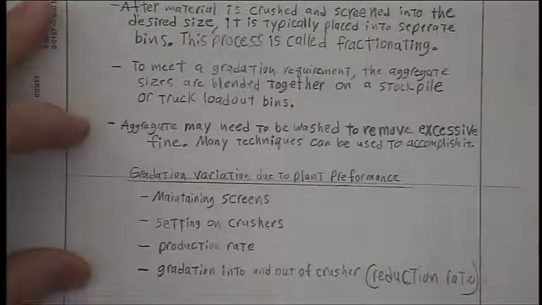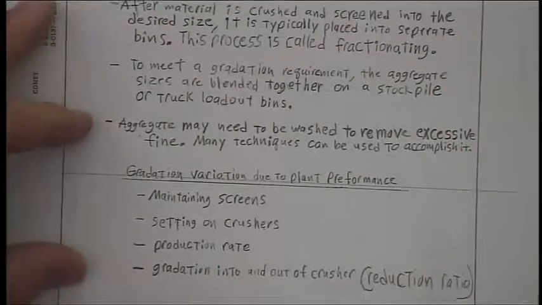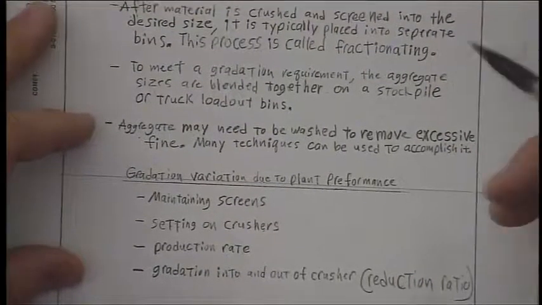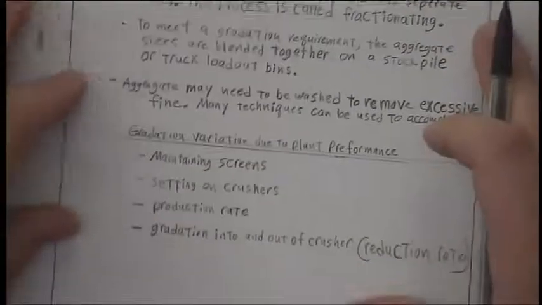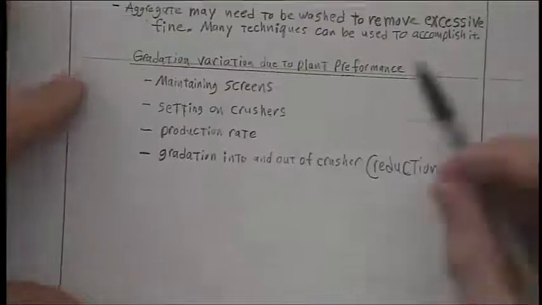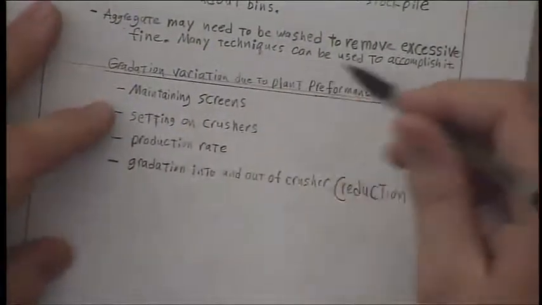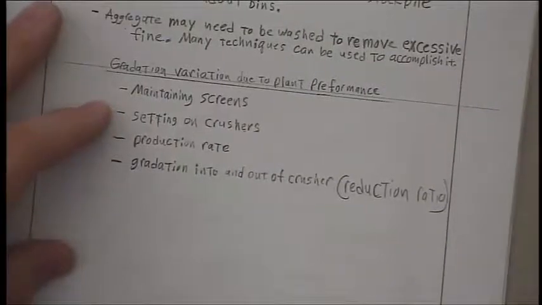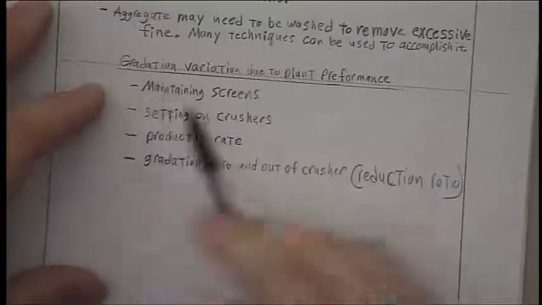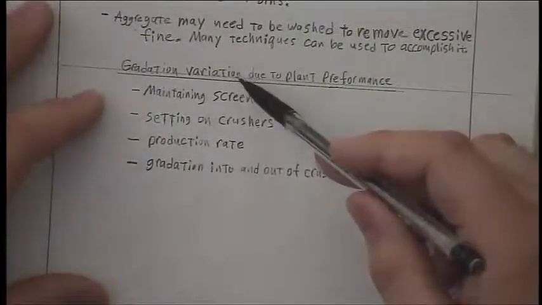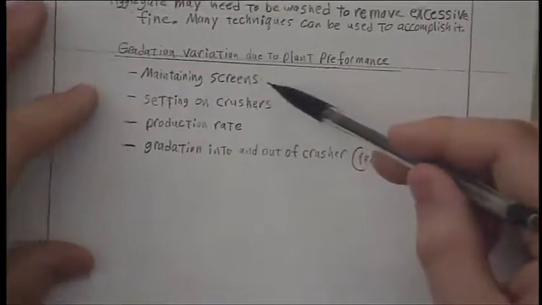I'm not going to talk a lot about washing today, especially for crushed stone, but it will help with decreasing your variation. You don't want dust particles on your rock. To help with your gradation variance, you need to maintain your screens.